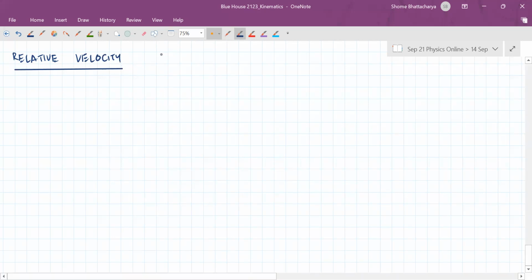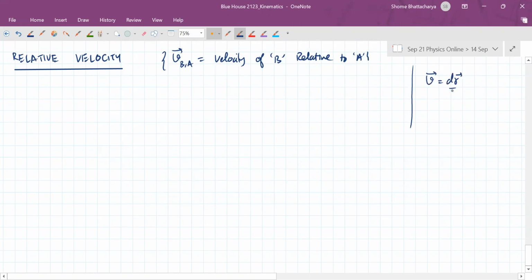So we are looking for the expression of velocity of a body B with respect to another body A. So remember, in kinematics in general, we define velocity as rate of change of position or rate of change of displacement.